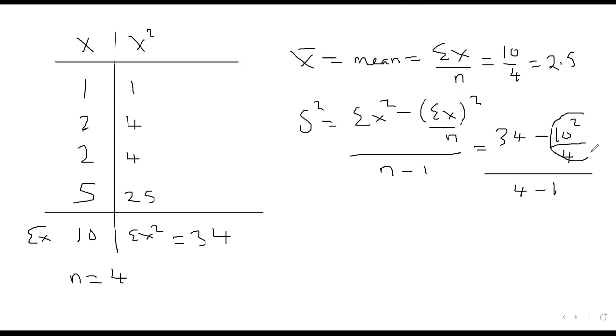So you start from this part. 10 squared is 100. 100 divided by 4 is 25. So 34 minus 25 over 3. So what do we get? 9 over 3. So our variance in this case is 3.